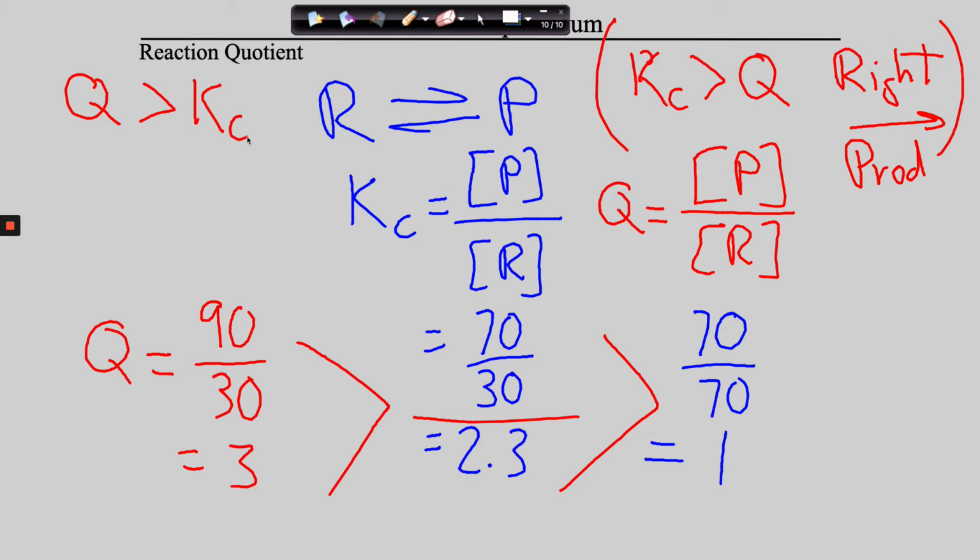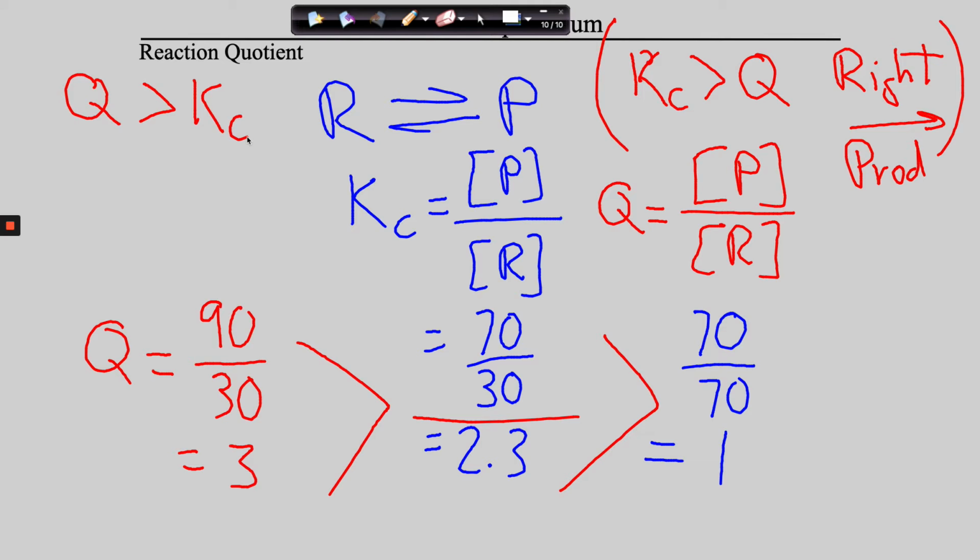Well, let's do it. So now, guys, as we do this reaction, 90-30, and even from a distance, you can see what it's doing. Products are going down, and reactants are going up. And again, when is this going to stop?